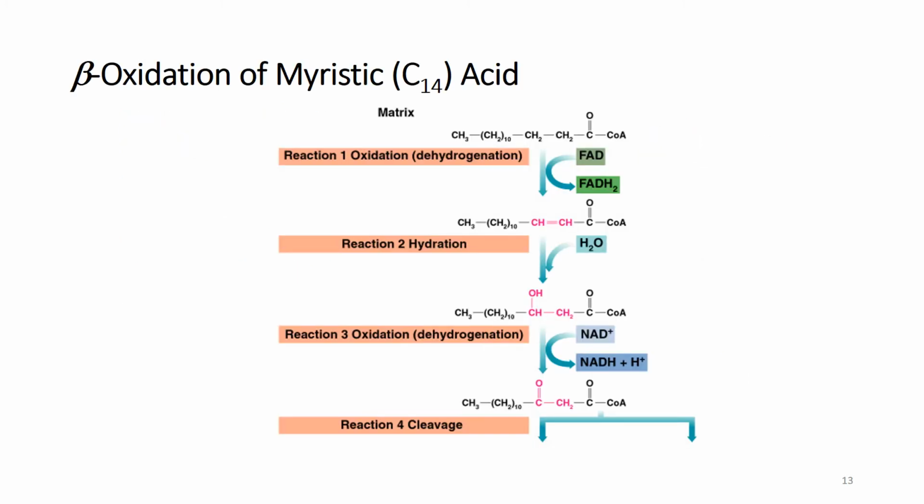So let's look at the beta oxidation of a 14-carbon fatty acid, myristic acid. So this 14-carbon lipid will undergo these 4 reactions until we have completely broken down that lipid chain.